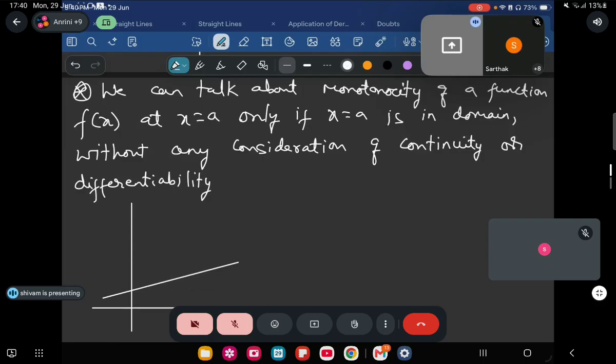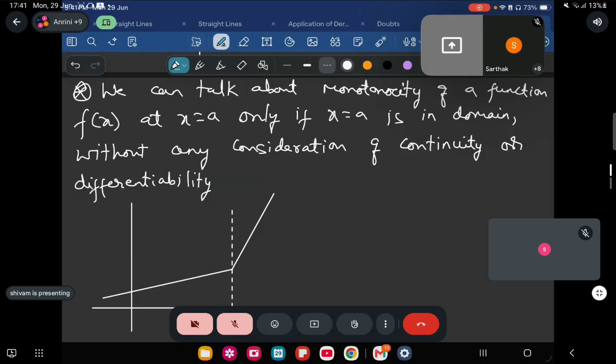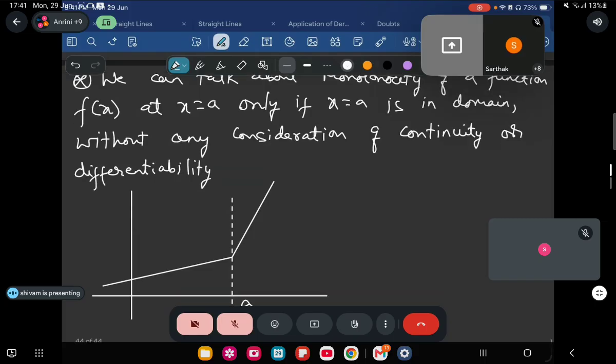See, this function, everyone, is this function differentiable at x equal to a? What do you think? No, sir. This function is not differentiable at x equal to a. But is it monotonic? Tell me, are these functions monotonic?